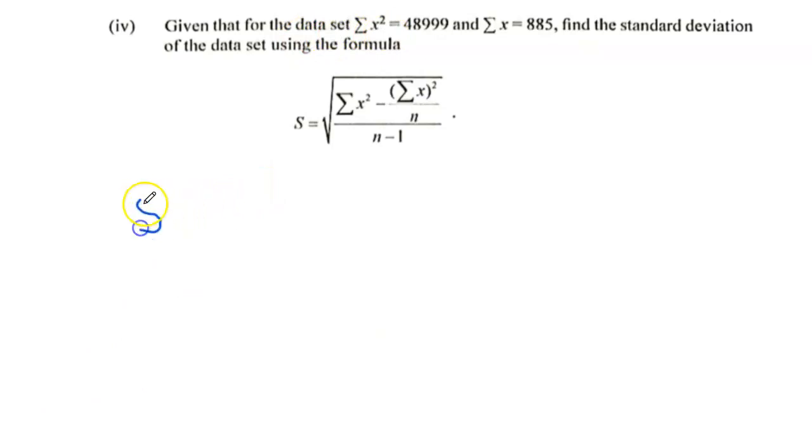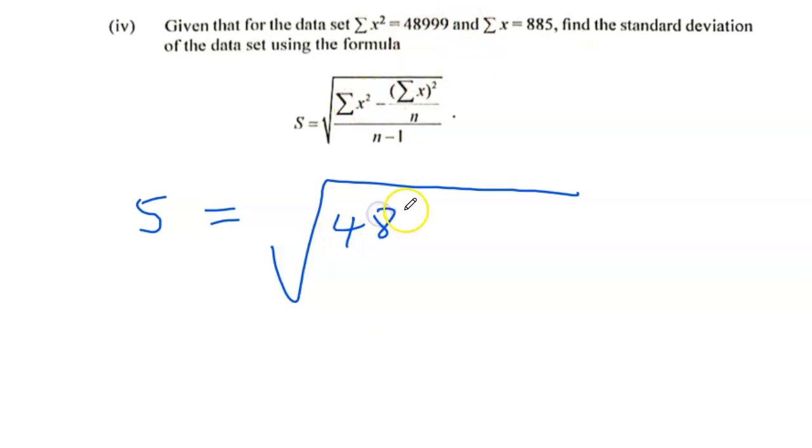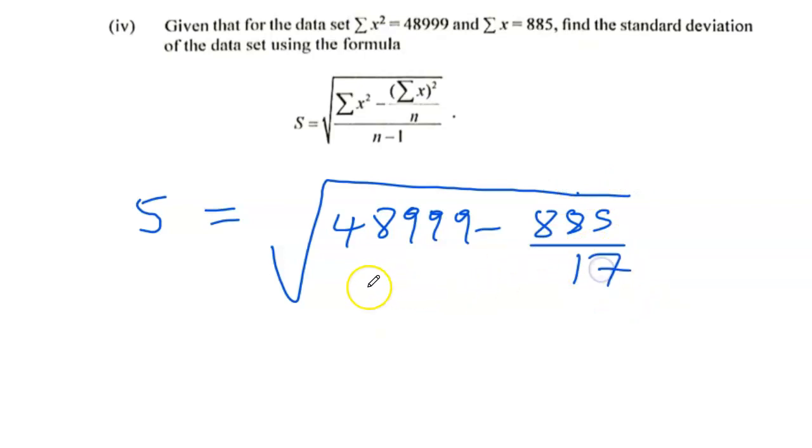So s equals the square root of the sum of x squared, 48,999, minus the sum of x, 885, over n, which is 17, all over the square root of 17 minus 1, which is 16.